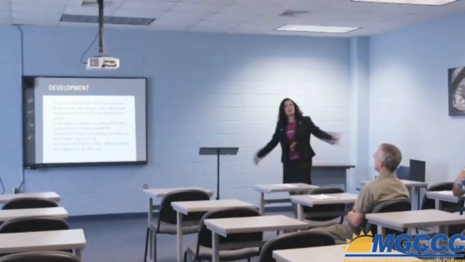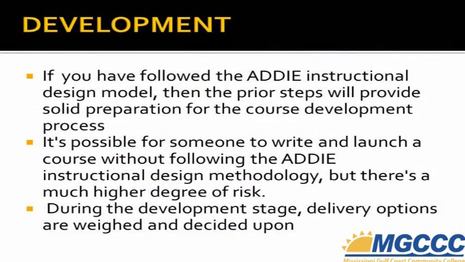Okay, now we're finally past design and we're in development. We're working on the course, we're putting it together. All that stuff we've been designing, we're going to do something with it. And this has to do more usually with materials. What are the materials you're going to be using? If you followed the pattern so far, this is going to be pretty easy. If you haven't done any of the analysis, you don't know who your learners are, you don't know what your materials are, you don't know what your constraints are, this is hard.